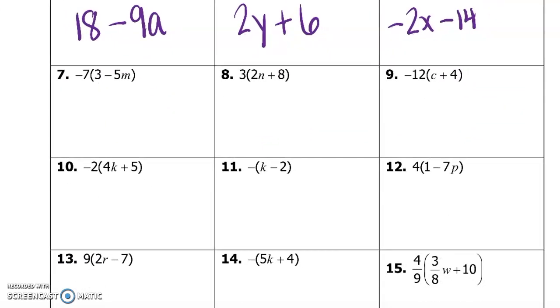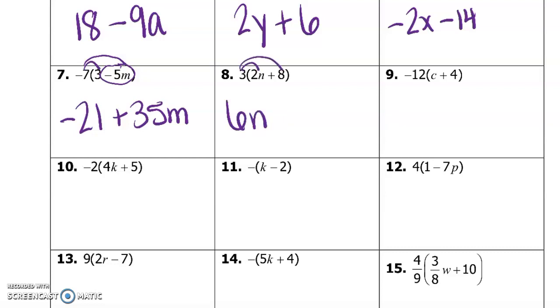Number 7, negative 7 times 3 is negative 21. Negative 7 times negative 5m is positive, so plus 35m. Number 8, 3 times 2n is 6n. 3 times 8 is 24, so 6n plus 24.